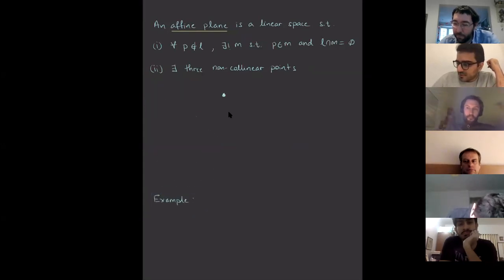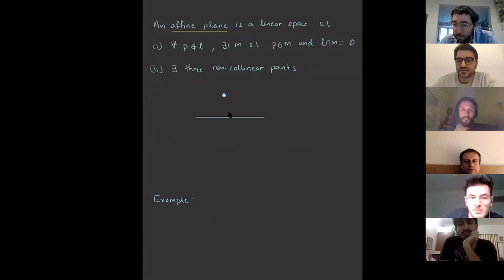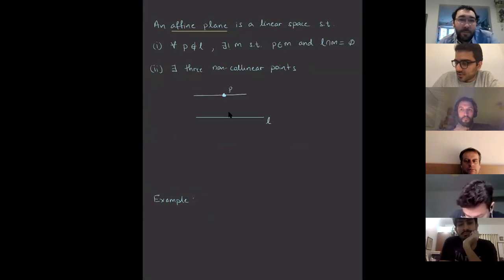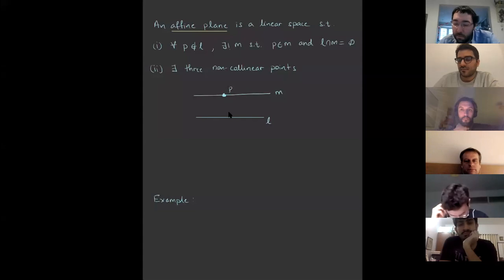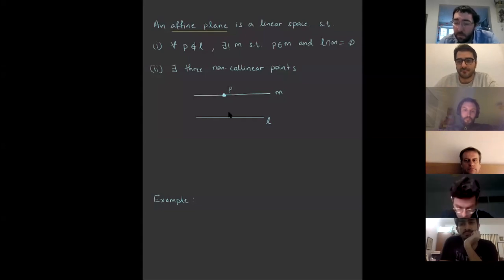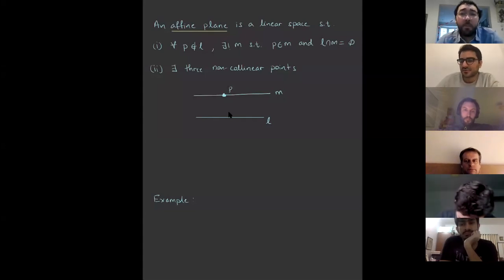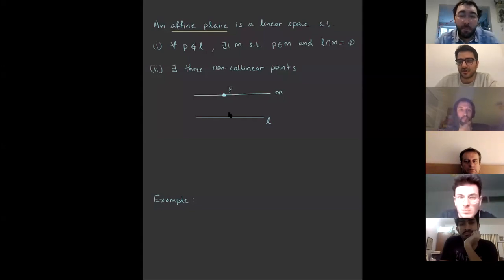So it says that if you take a point in your point line geometry and you take a line which does not contain this point, so it's not incident with this point, then, say this is P and this is L, then there exists a unique line M passing through P which is disjoint from L, in the sense that they don't have any common points which are incident to them. Okay, so this is the parallel axiom in Euclidean geometry, right?